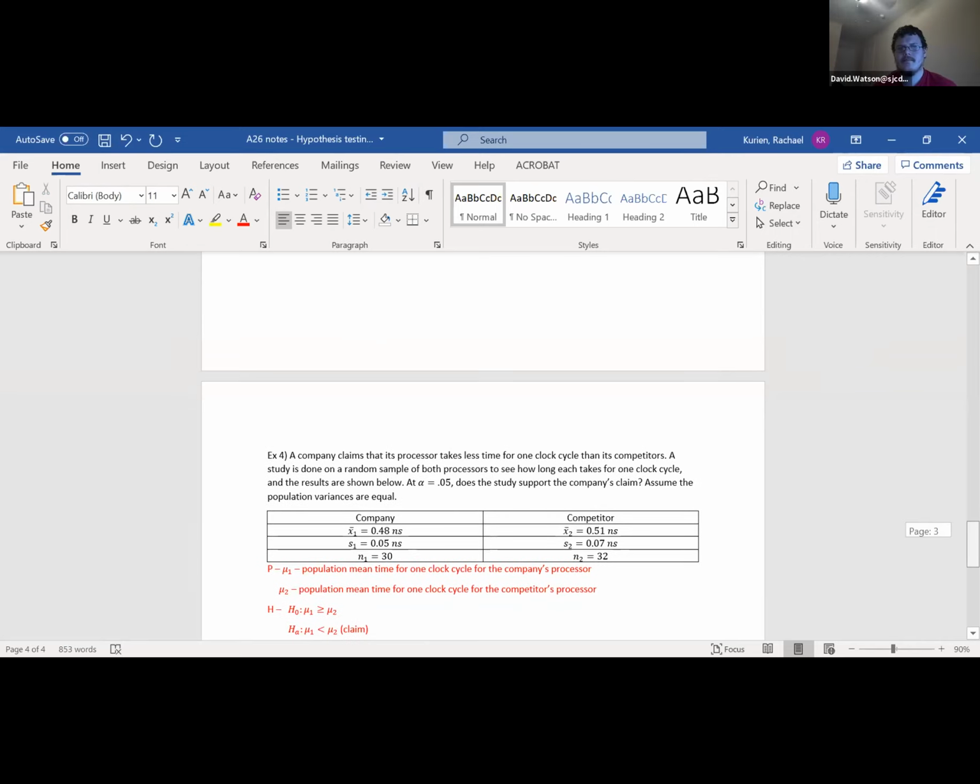And now we can go into our assumptions. We know that we have a random sample for both processors, so they're both random. Both sample sizes are greater than or equal to 30. So that's good. We have a company versus competitor, so we have the independence again.